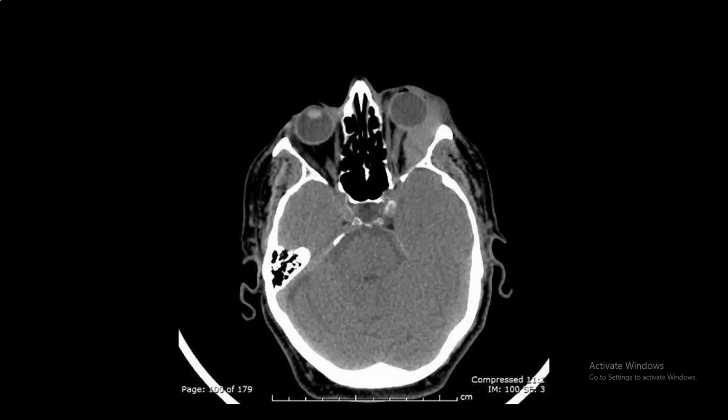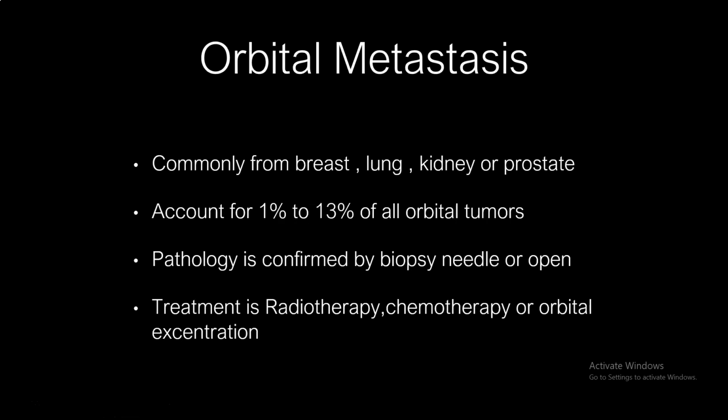Biopsy is very important. Orbital metastasis, as we said, can reach the globe and the orbit from the breast, lung, kidney, or prostate. The incidence of orbital metastasis is not really known. It ranges from 1 to 13% of all orbital tumors, depending on the papers published.